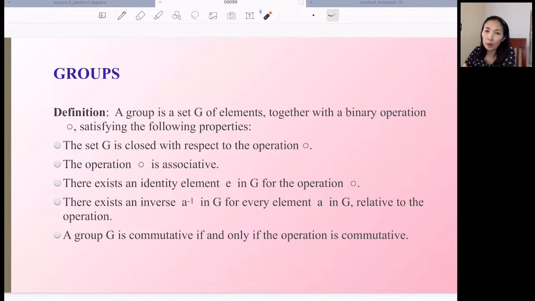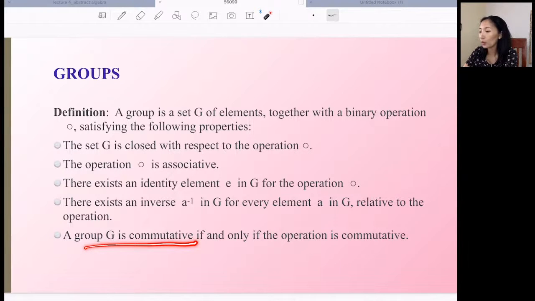When is it a commutative group? When the operation is commutative. So, basically, there are 4 properties that should be satisfied. If a mathematical system meets all the 4, then it is considered a group. And further, if the operation is commutative, then it is a commutative group.